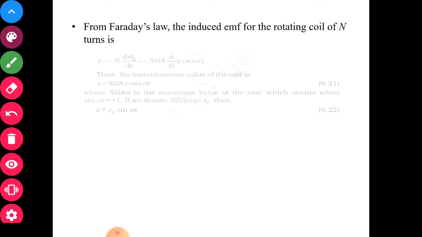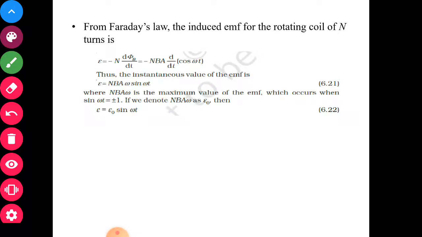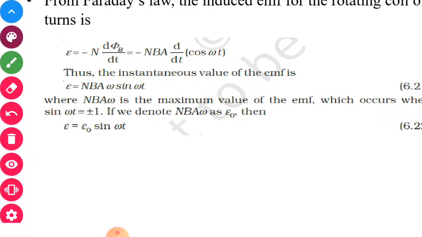Now that flux changes, so you are taking the differentiation according to Faraday's law. E is equal to minus N d phi B by dt. And the differentiation of cos omega t is nothing but minus sin omega t.